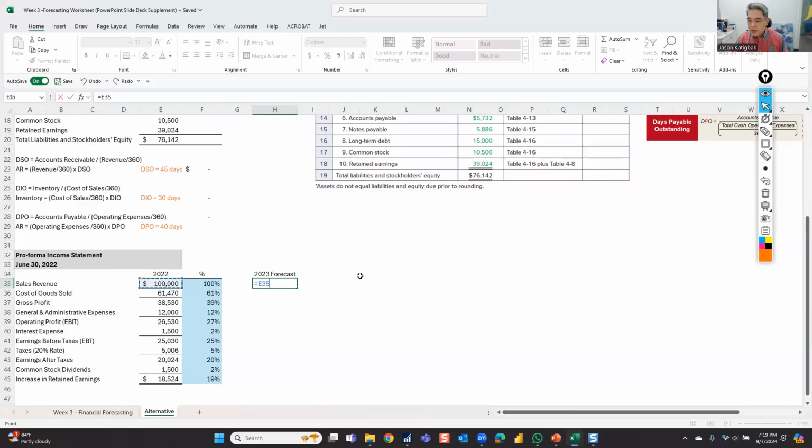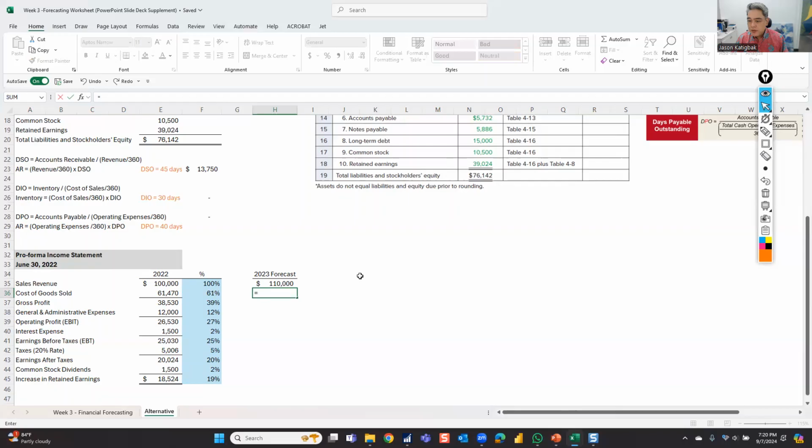For now, I'm going to use the dollar amount because it can be an increase in quantity or an increase in unit price. But for now, I'll do a dollar amount. So if there's an increase by 10%, I will do 1.10 or 110%. So that will now be my new revenue in 2023 if I'm forecasting it.